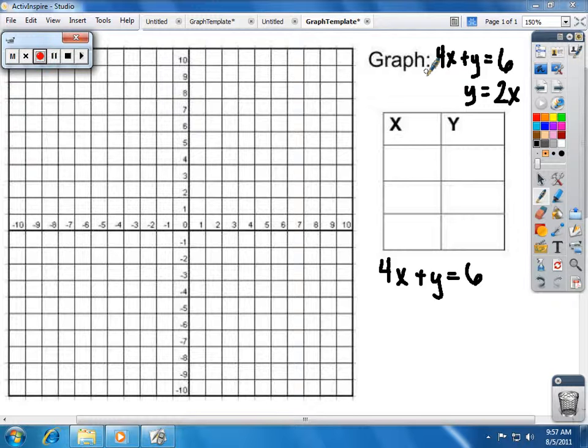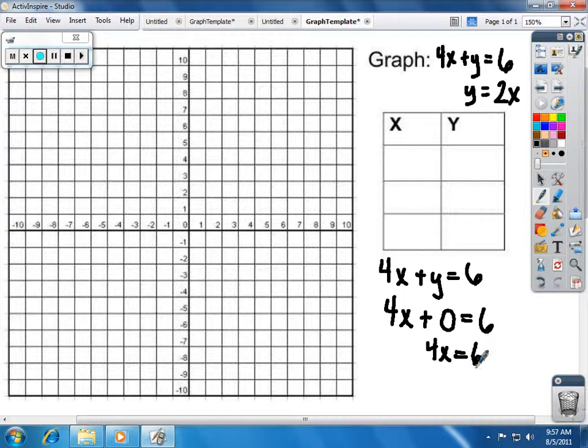And we're going to do that the same way we did on graphs in 3.1. We're going to start by finding the x and the y intercepts. Right, so in order to find the x-intercept, we're going to set y equal to 0. So we'd have 4x plus 0 equals 6, which would leave us with 4x equals 6.